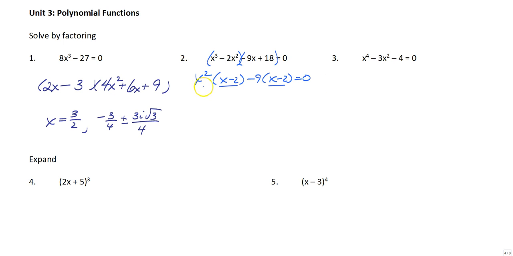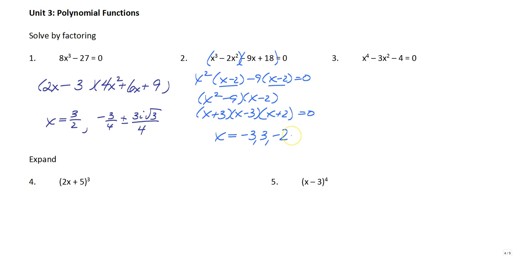Since they are, we can take our GCFs and put it together. So x squared minus 9 and then our x minus 2. But wait, x squared minus 9 is the difference of two squares. So we can have an x plus 3, an x minus 3, and an x plus 2, all equal to 0. So x would equal a negative 3, positive 3, and a negative 2.